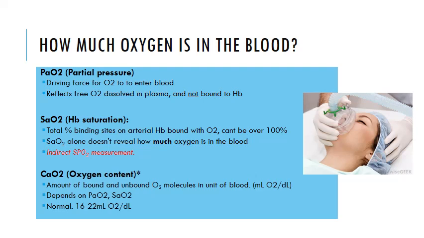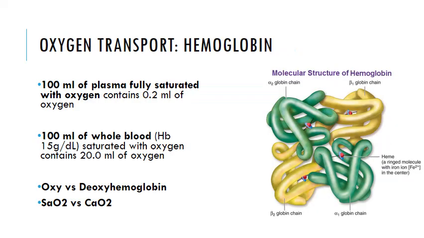Unlike either the PaO2 or the SaO2, the oxygen content directly reflects the total number of oxygen molecules in arterial blood, both bound and unbound to hemoglobin. The CaO2 depends on the hemoglobin content and is directly related to it. The normal CaO2 range is from 16 to 22 milliliters of oxygen per deciliter.